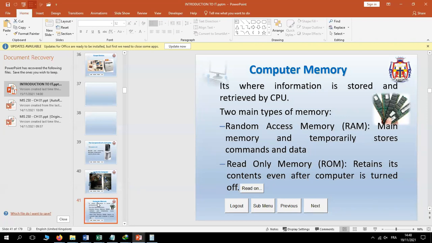Meaning, wherever it is stored, it has to be loaded into main memory, into RAM. Whether you have saved it on the hard disk, on the flash disk, on the CD, on the optical disk, mention any storage.